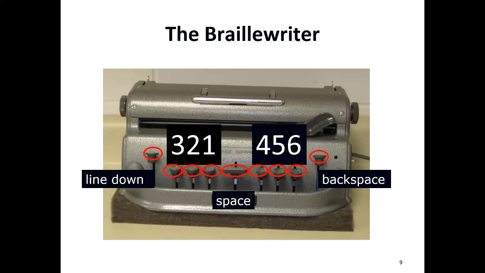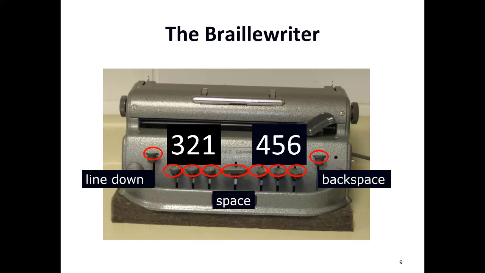The buttons on the front run from left to right: a little round key, high up, line down, and then 3, 2, 1, space bar in the middle, 4, 5, 6, and then backspace on the right. Note that the dots go 3, 2, 1, not 1, 2, 3, left to right. So it's 3, 2, 1, 4, 5, 6.